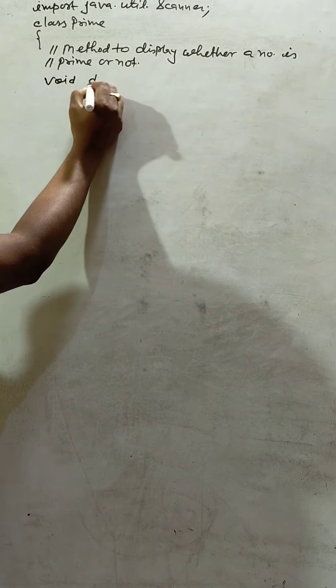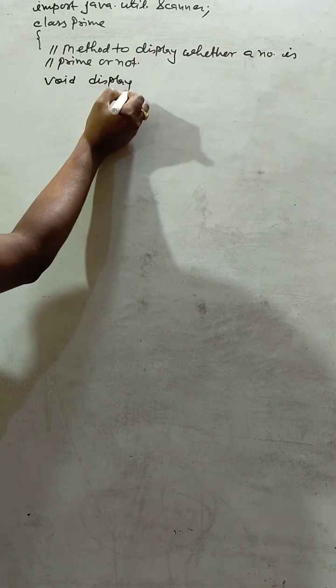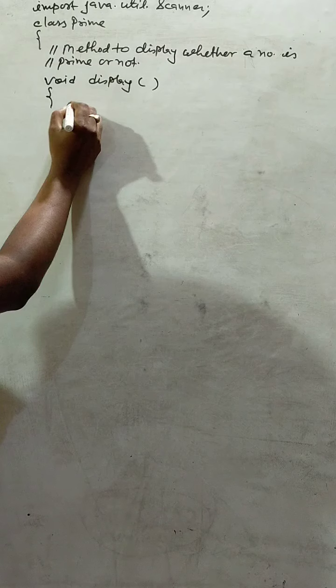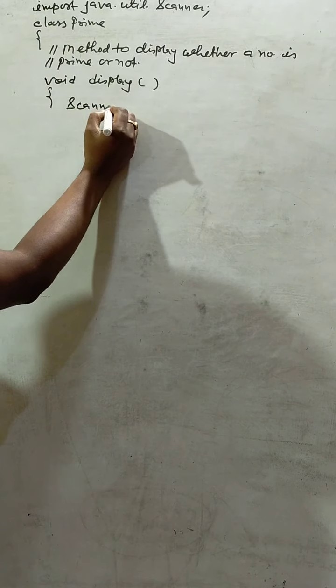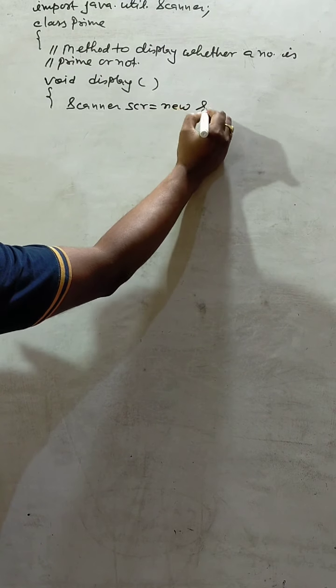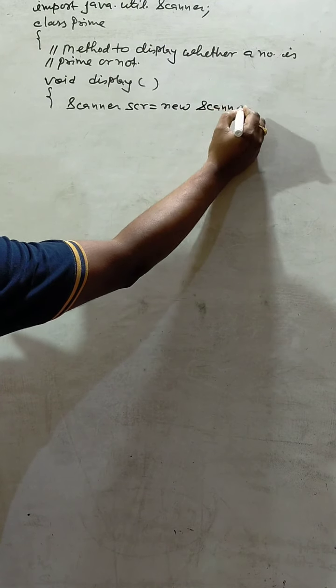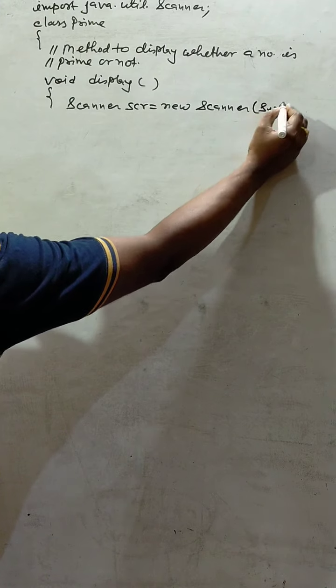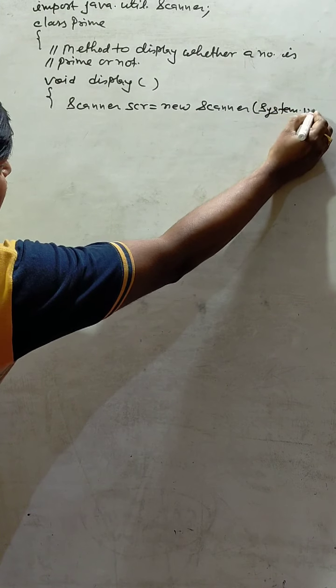Void display. Scanner scr equal to new Scanner, System.in.